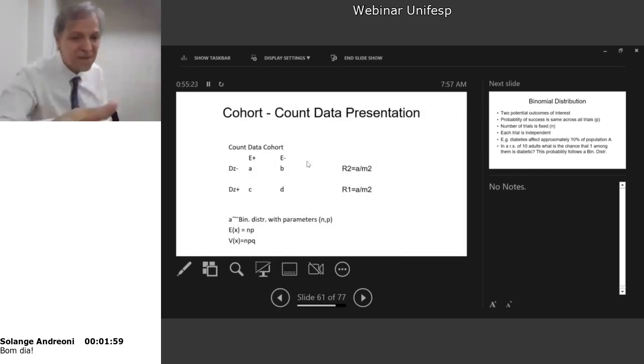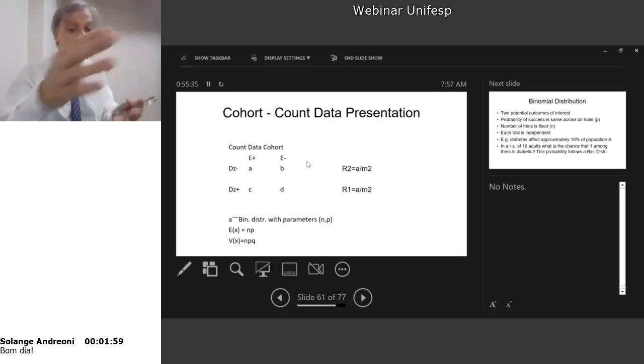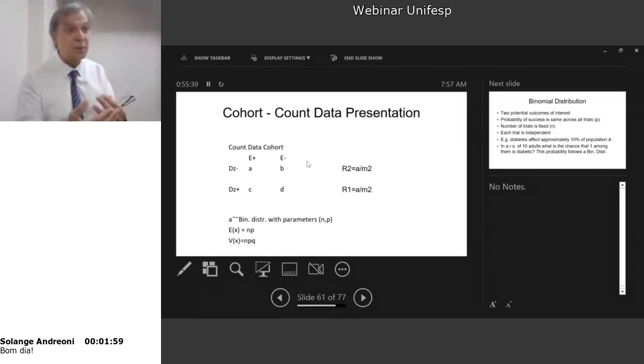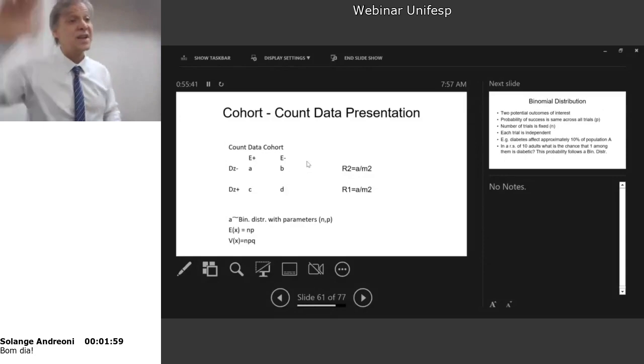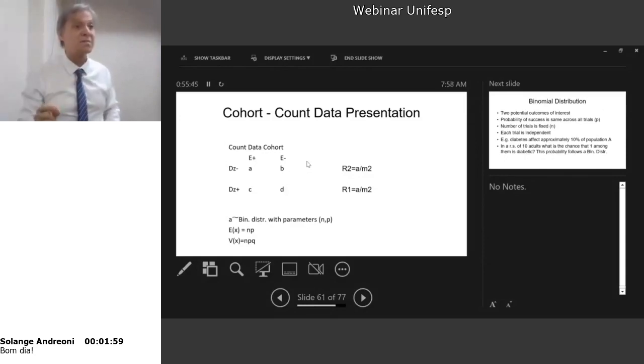Okay. And A is distributed as a binomial. What is the probability of a new case of disease happening among the people who are exposed to something? Okay, that's A. And that follows a binomial distribution with 2 parameters, the total N, your sample, and your proportion in the general population, your big P, which you estimate from the sample as small p.